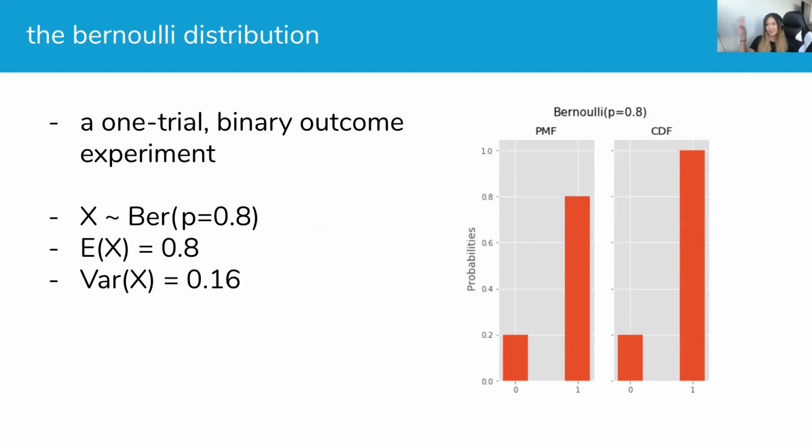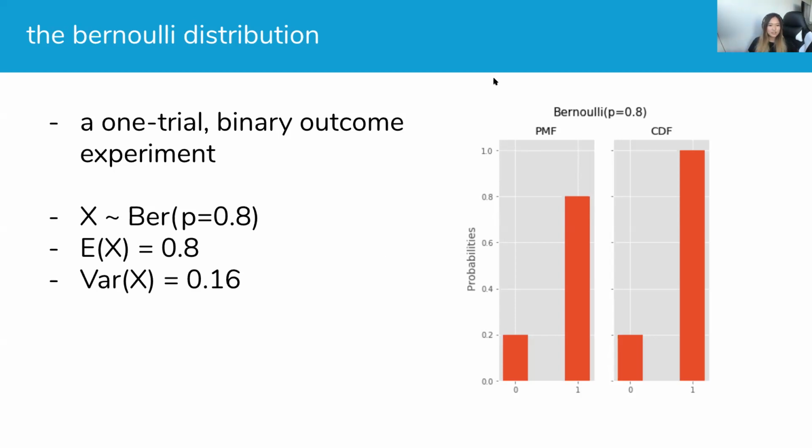Another example is that game where you throw a paper ball into a trash bin. Let's say you have a probability of 0.8 of making it into the bin. That can be described using a Bernoulli variable.